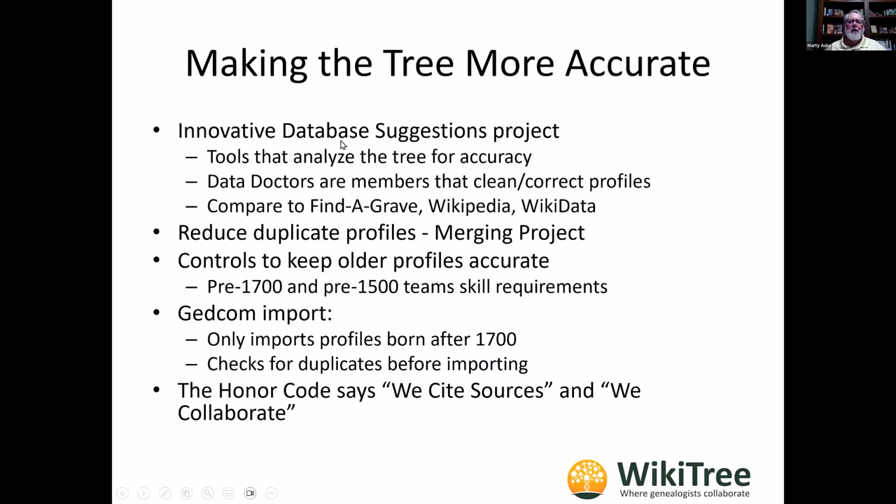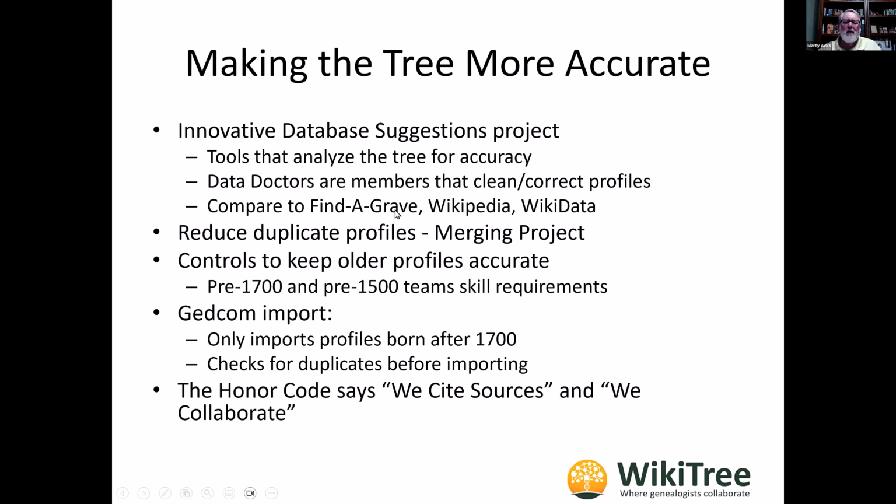So, making the tree more accurate. I talked a little bit about the database, the data doctors. I kind of covered some of this already. The data doctors is a group you join, and there are tools that you can run, like I run on a weekly basis, to look at the health of my part of the tree. I can look at all my ancestors, my blood relatives, and one away from my blood relatives, and I can at least work on cleansing that part of the tree.